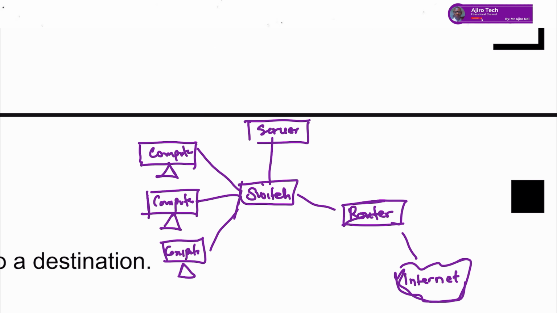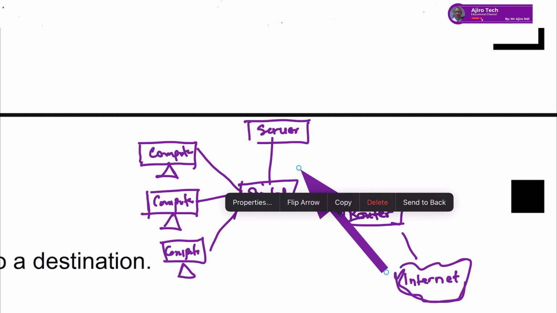So when a data packet is received at one of the ports, right? What happens is that the router is going to inspect the IP address and determine whether that data packet is meant for its own network, which is this, or is meant for the external network.